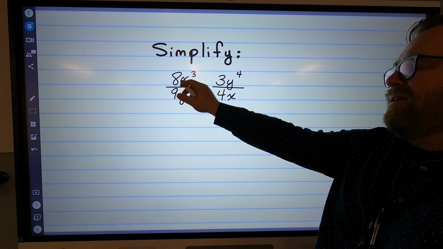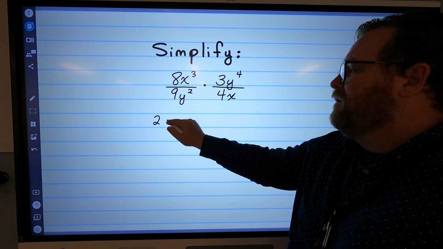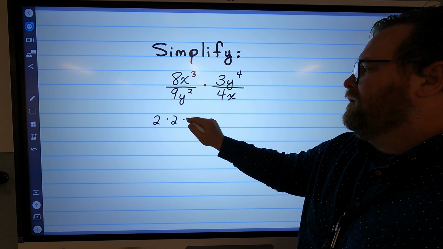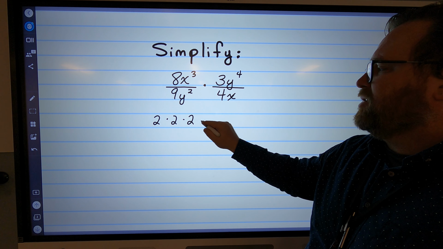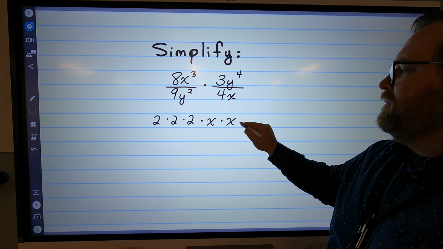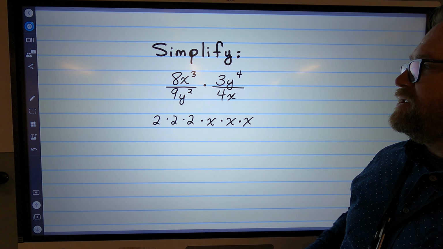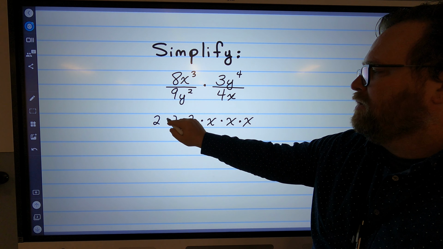So the prime factors of 8 are 2 times 2 times 2, and then we've got x cubed, so that's 3 x's multiplied together, so x times x times x. Notice I'm using the mid dot here to represent multiplication.